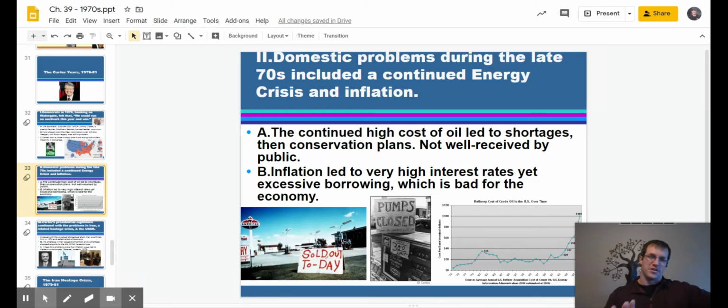We saw this same phenomenon with gas prices in the early to mid 2000s, right around the time that I began driving, where there were oil shortages, the price of oil had gone up, and then the price of a gallon of gas had gone up.